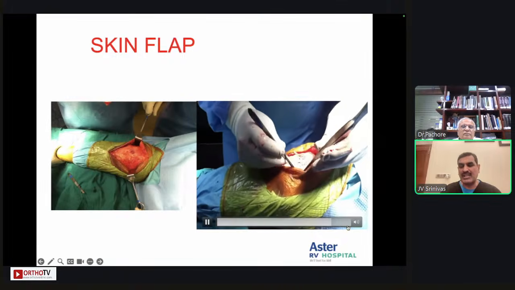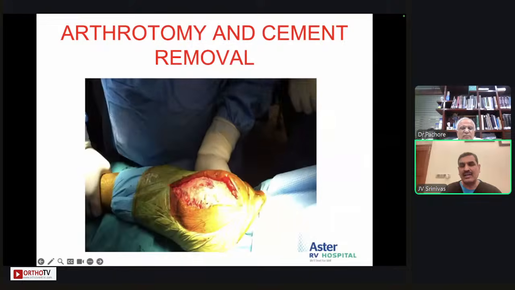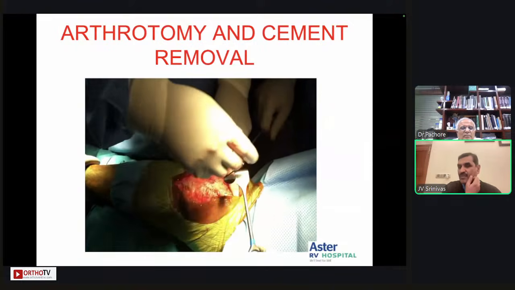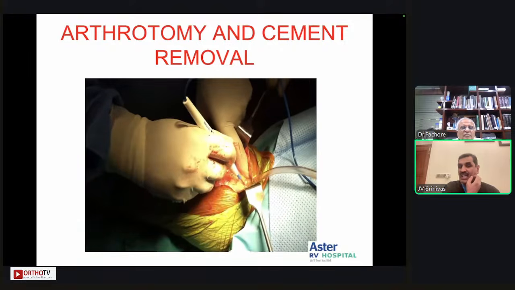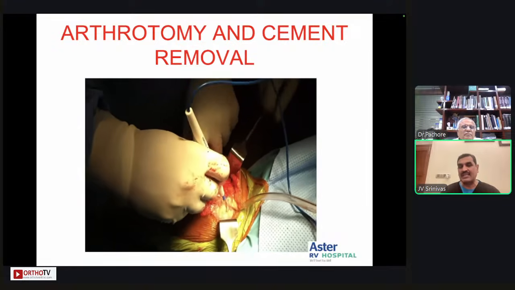So once you have done your flap, you are checking for that. Now, before you decide a VY-plasty, my exposure is there. We only do a medial parapatellar arthrotomy. We don't jump and straight away decide about a VY-plasty, but the entire extensor mechanism is open.